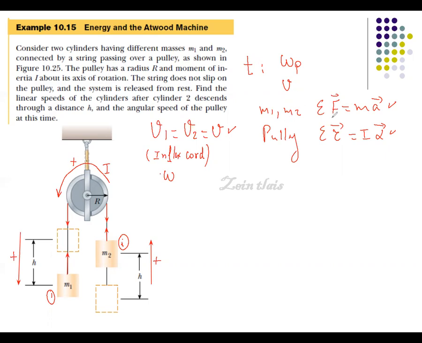Let's start. Before the calculation, let me explain a very important point. If I ask you to calculate, for example, alpha or A or T, for example T1 and T2, as you see here, we have T1 and here we have T2.